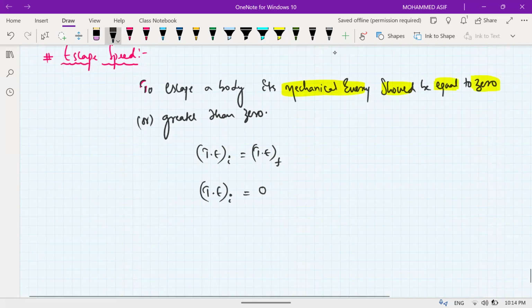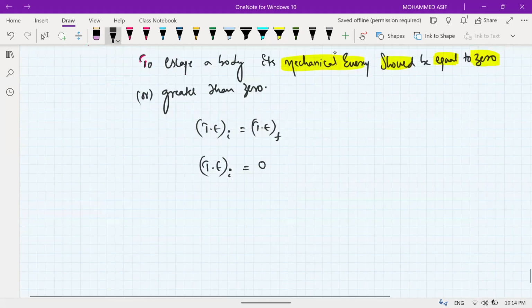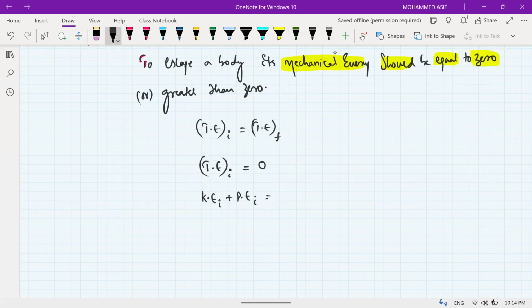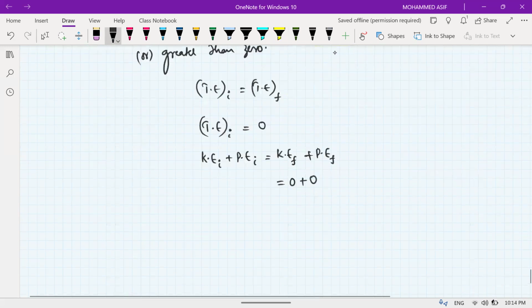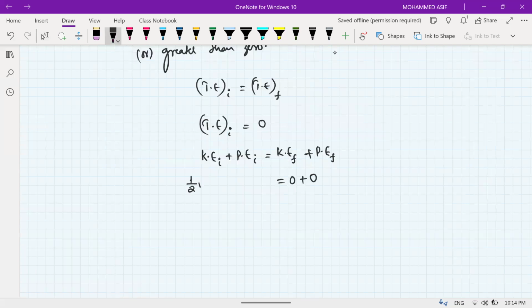Total initial energy means its initial kinetic energy plus its initial potential energy must be equal to its final kinetic energy plus its final potential energy. Finally, at infinity, the kinetic energy is 0, the potential energy is also 0. Kinetic energy on the surface of the earth is half m v square plus potential energy on the surface of the earth is minus capital G, mass of the earth, mass of the object divided by radius of the earth.